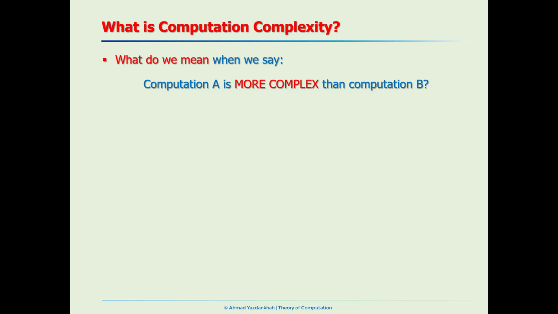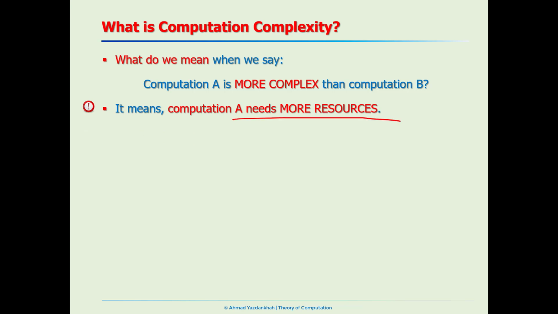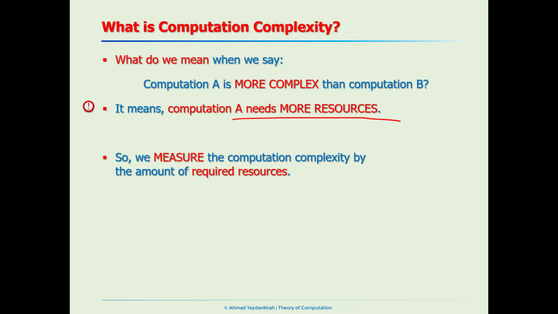Briefly, we answered this before. In summary, we can say computation A needs more resources. The amount of resources that we need to compute something is the best criterion for measuring complexity.